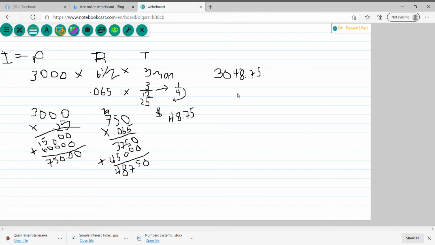And that is how you're going to deal with all of these problems, but especially if it's not a year. You're going to change the time into a fraction and then convert that fraction into a decimal equivalent.